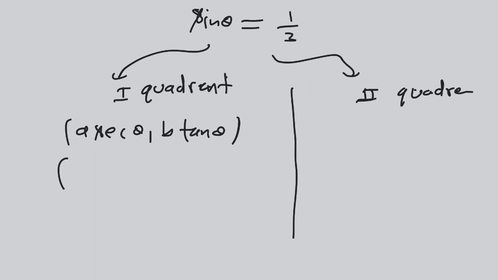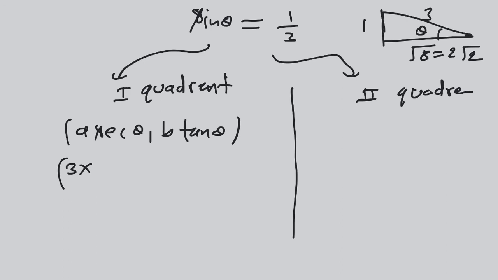You can find this using the triangle: this is theta, the opposite side is 1 and the hypotenuse is 3, so the adjacent side will be root 8, that is 2 root 2. So sec theta is 3 by 2 root 2, and the value of a is 3, so a sec theta is 3 into 3 upon 2 root 2, that is 9 by 2 root 2.